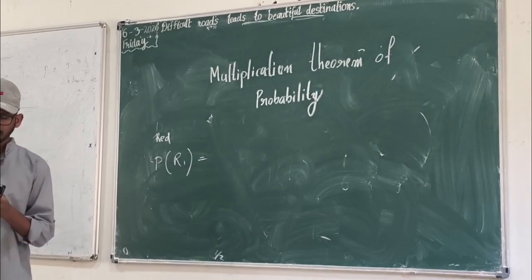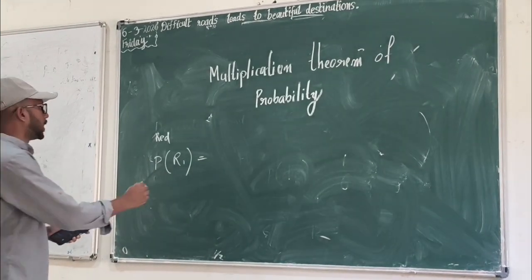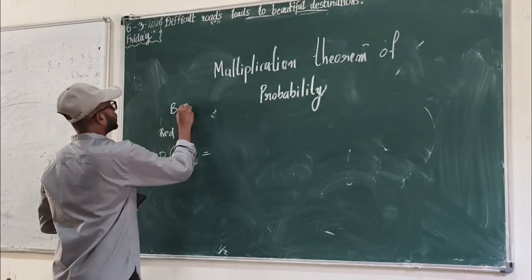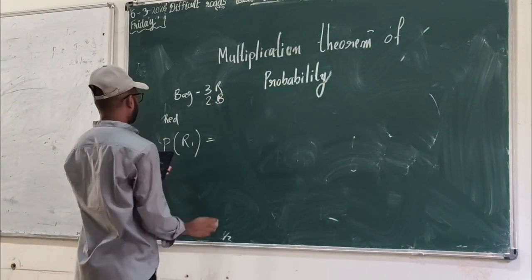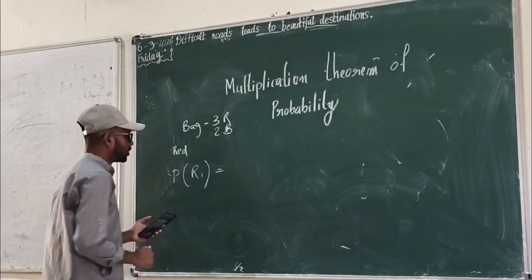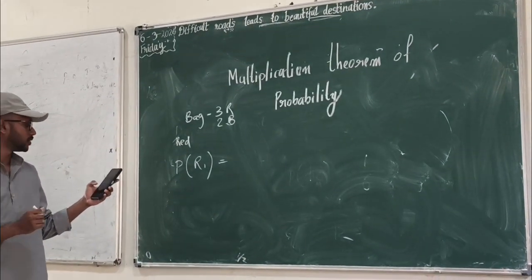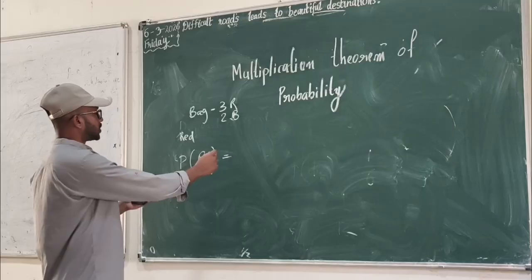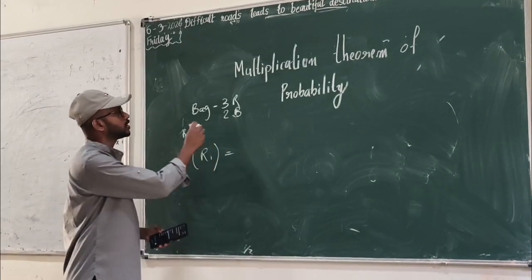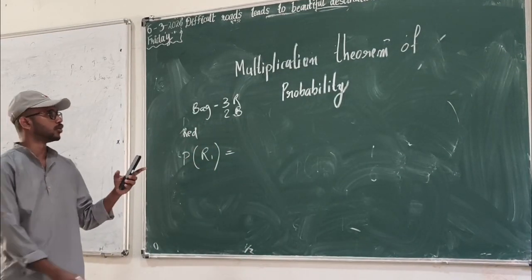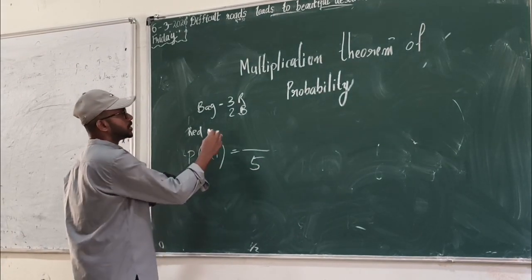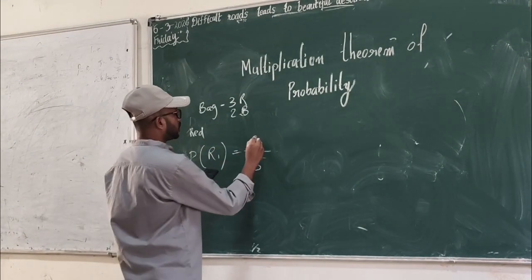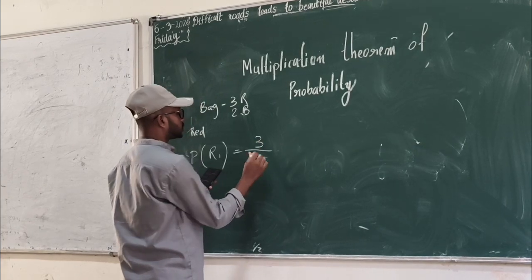What we have: there are 3 red balls and 2 blue balls in the bag. So what is the final outcome? The total number of balls here is 5, and we are talking about the red balls, so there are only 3 possible outcomes for the red.